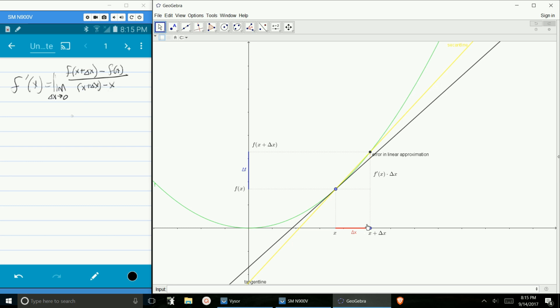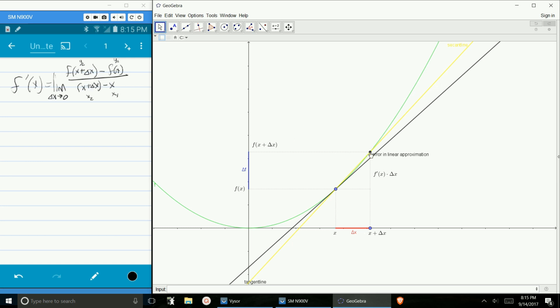Now why? What is this? This is a slope, right? You could think of this as y2 and y1 and x2 and x1. Why? Well, what is x2, y2? It's x plus delta x, comma, f of x plus delta x.